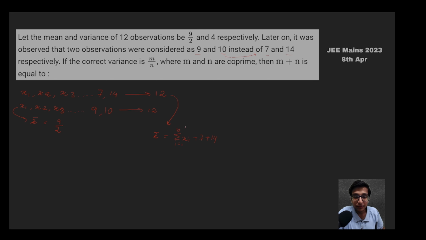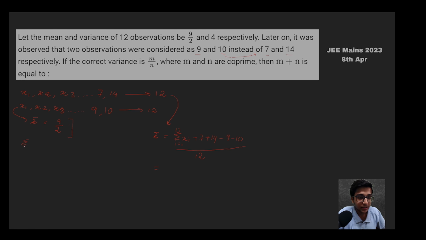Or instead we can write this down as summation i is equal to 1 to 12 plus 7 plus 14, and then we subtract 9 and 10 as well. So we would get the same answer. So from here now we can find out the value of summation xi. That can be calculated from this equation here, and we can do the rest of the calculation mathematically.